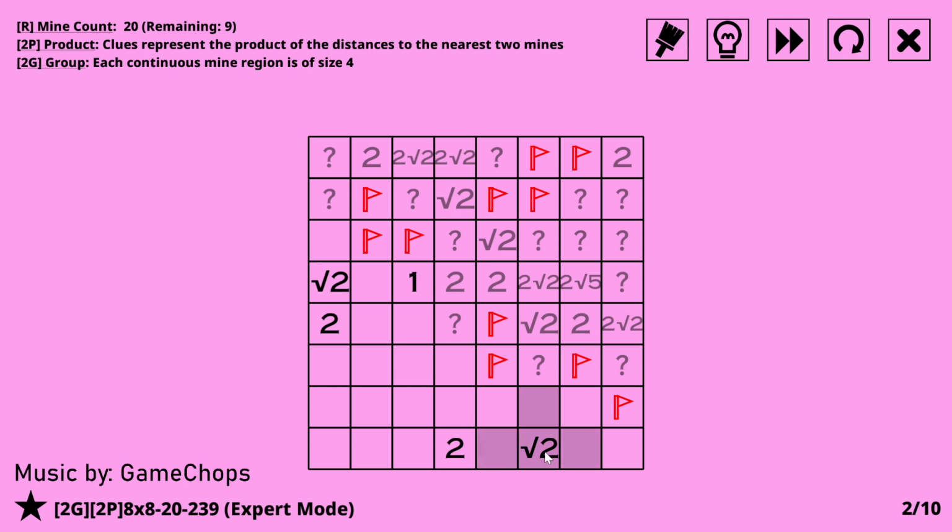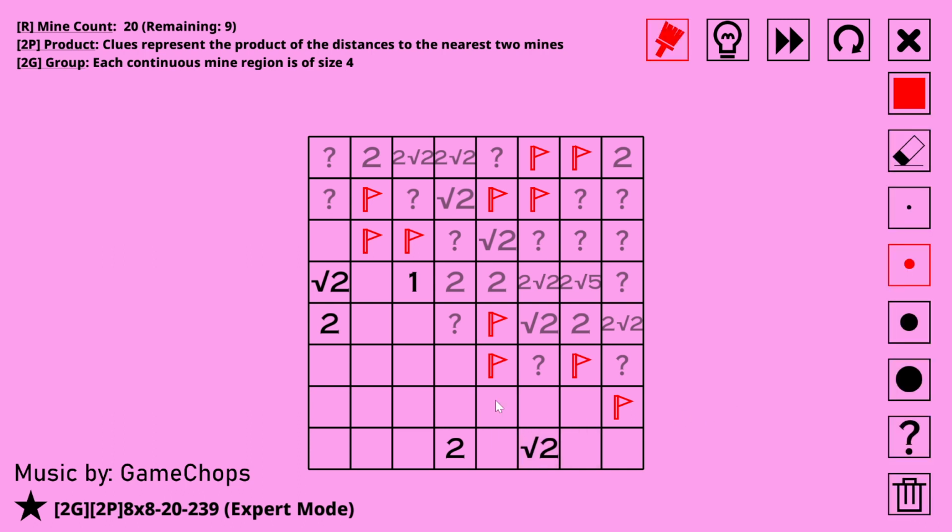Alright, this root 2. Well, it's 1 times root 2, so we know that exactly one of those are mines. If this happens, you could have this.